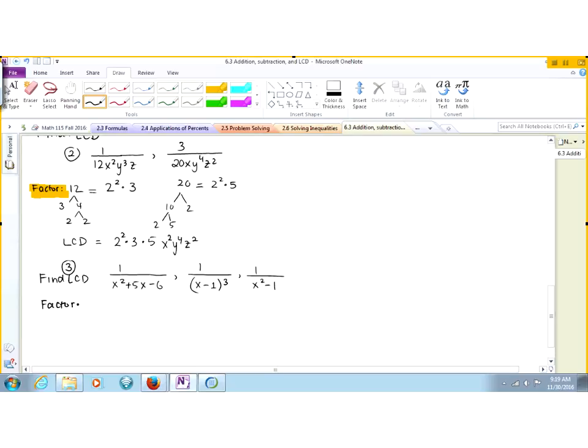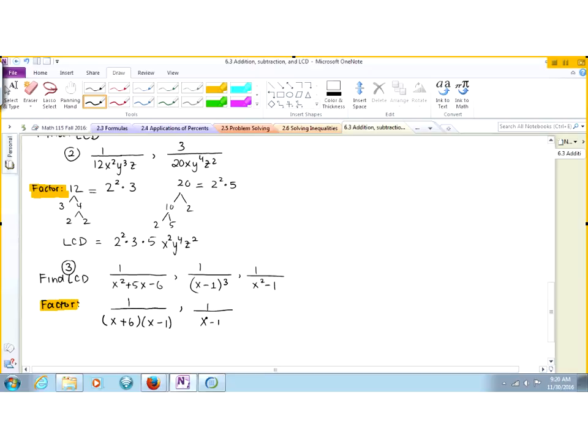And here you factor also. So same thing. What we did was factor. It's just if you have a number, we do prime factorization. All right, how do you factor this? What is it? X minus what? Plus 6? X minus 1?